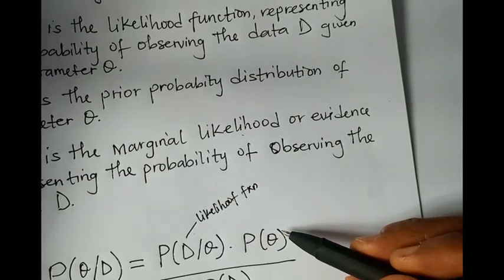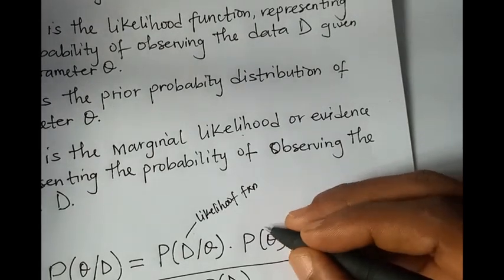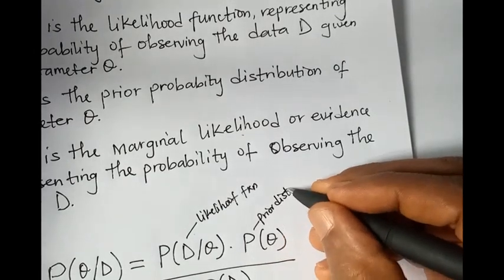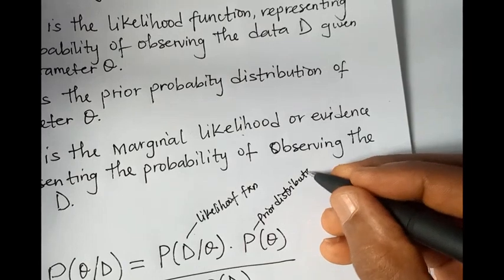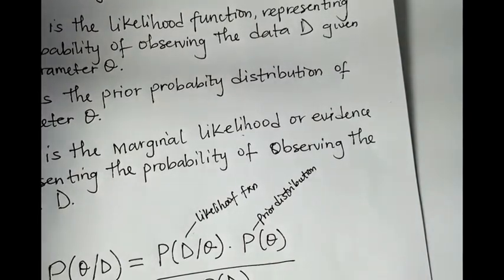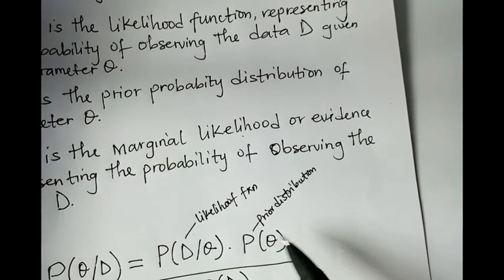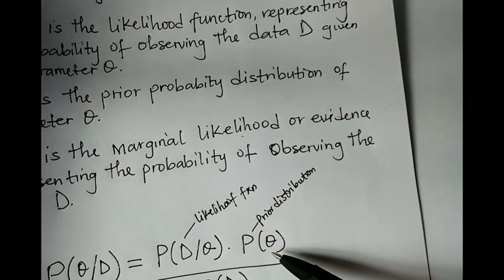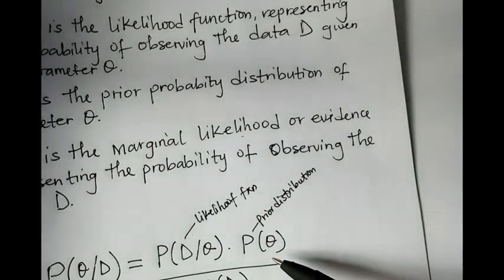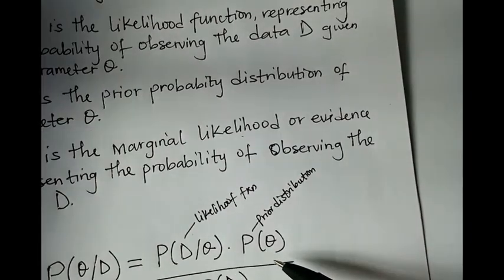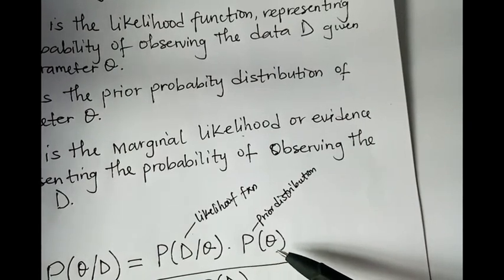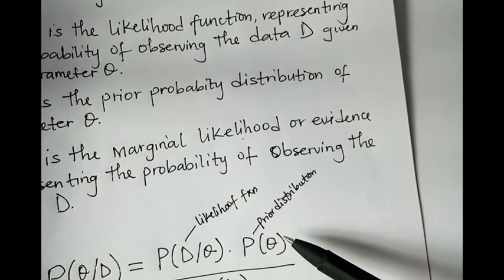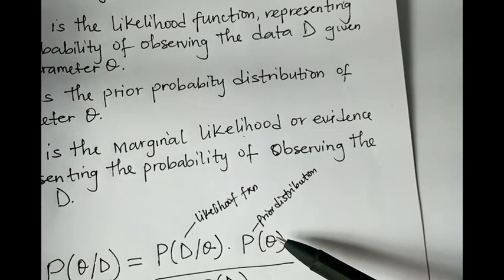This will now become the prior distribution of the parameter. In this case, we have theta. It will now be the prior distribution of the parameter theta, which will also be given as the distribution that you use in comparing any distribution given for the Bayesian statistics.